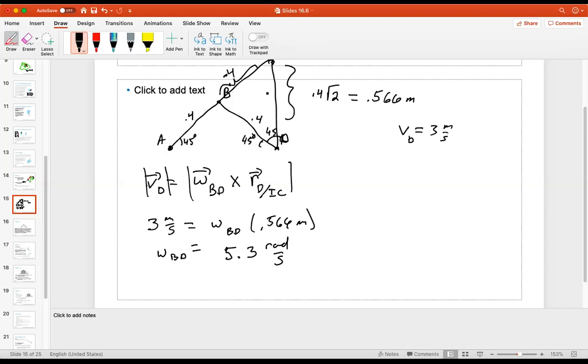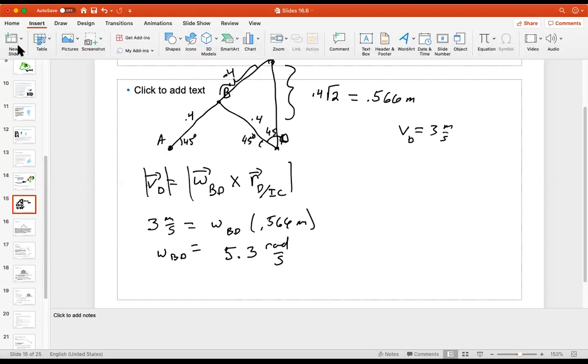Now the point is that the entire link BD undergoes a pure rotation about this point, which means that the angular velocity of point D was 5.3, but that's also the angular velocity of point B about the instantaneous center. So I basically use the same formula, but now apply it to point B. So I'm going to insert a new slide.